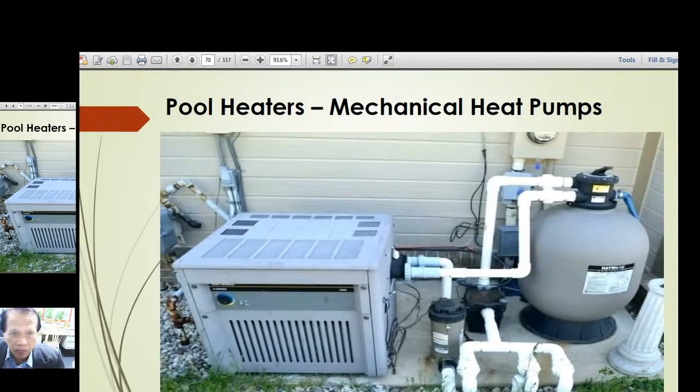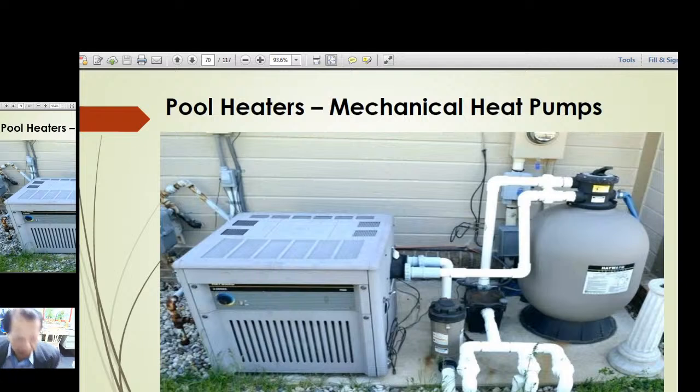And pool heaters. You could see here this box on the left side is a mechanical heat pump. This mechanical heat pump can also be used to heat the water in the pool. Here is the tank filter, and here is the pump, and here you have a strainer, and here of course the mechanical heat pump.